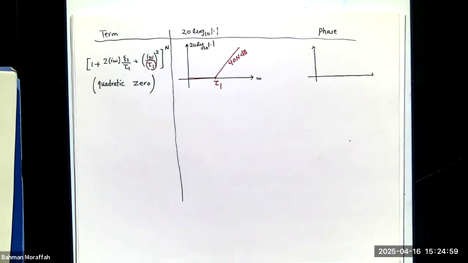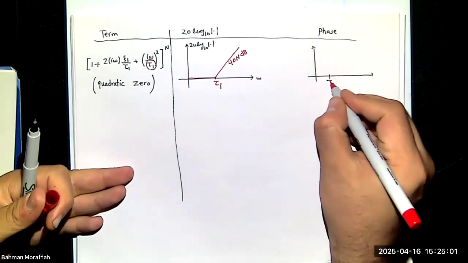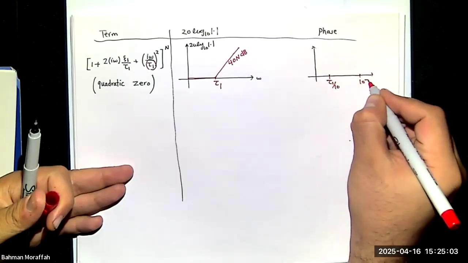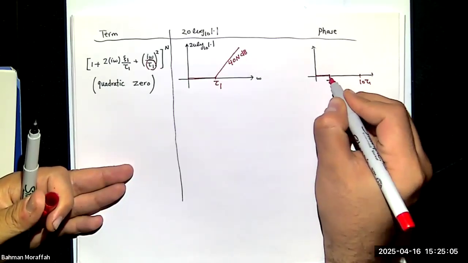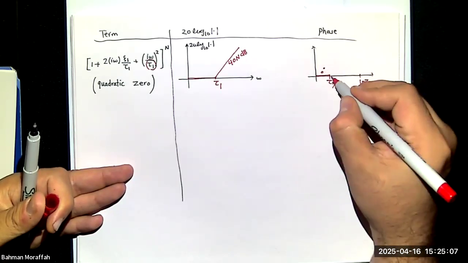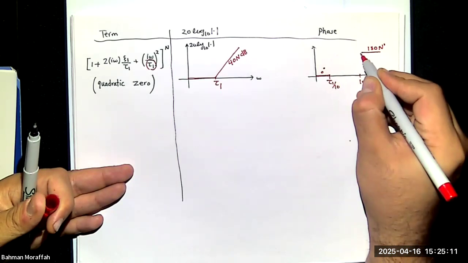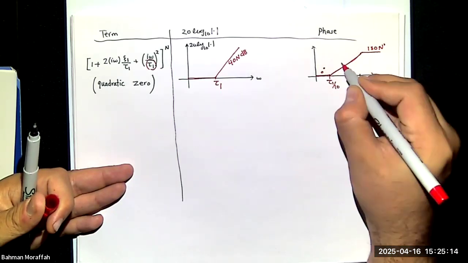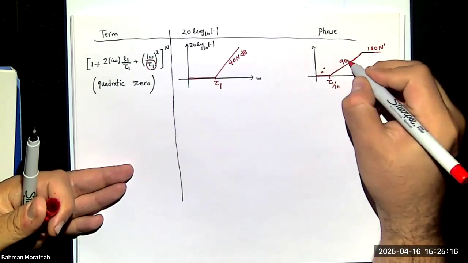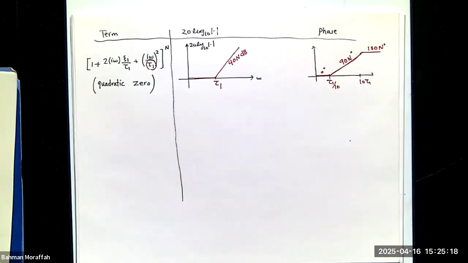So it is tau 1 over 10, 10 tau 1. I have 0 degrees over here. And then over here, it's going to be 180 degrees times n. And in the middle, it is 90 times n degrees. Right? Remember, for the simple one, it was going up by 45 degrees. Over here, 90 degrees.